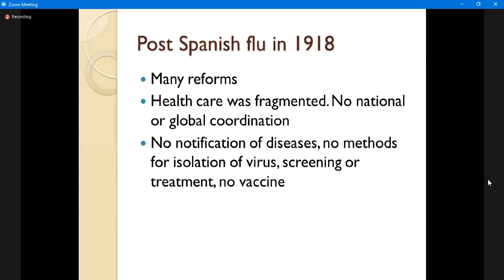Now, if you have heard about the Spanish flu, which happened in 1918, and of course many reforms took place afterwards. If you read the literature, at that time healthcare was completely fragmented, and the doctors were paid by charities and by churches.